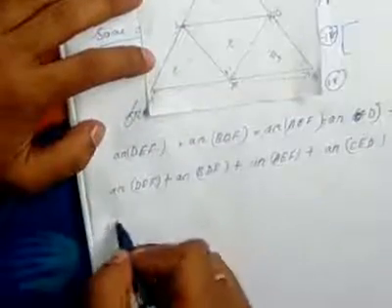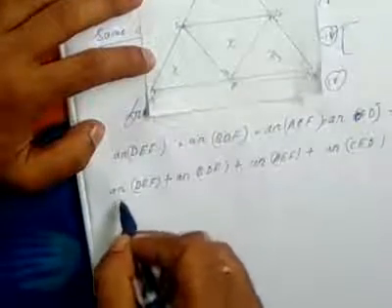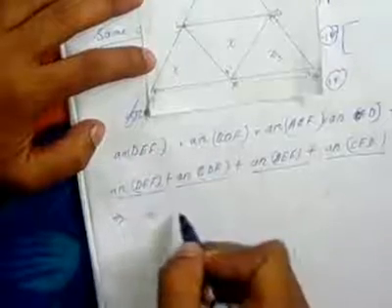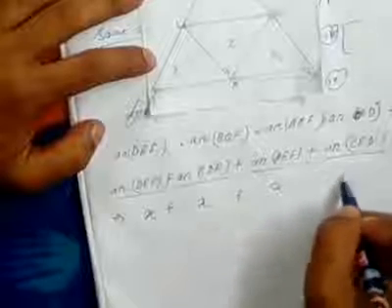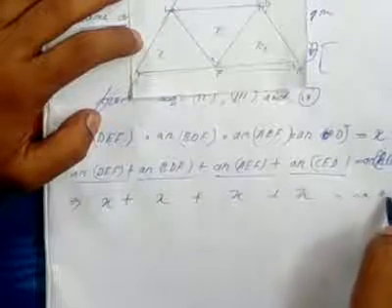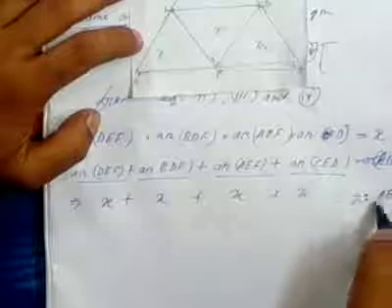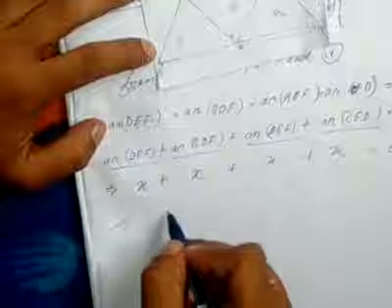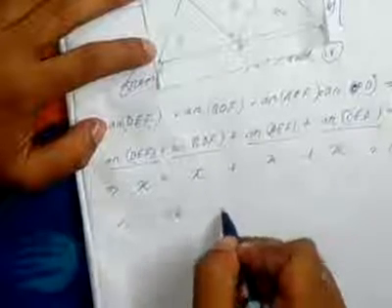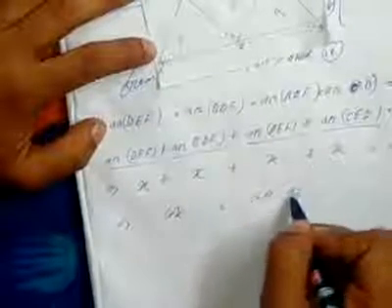Each of these is x, so we'll write x, x, x and x in place of these. So x plus x plus x plus x, that means there is 4x, equal to the area of ABC.